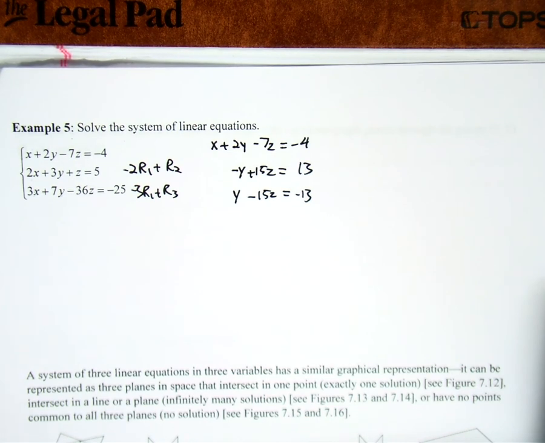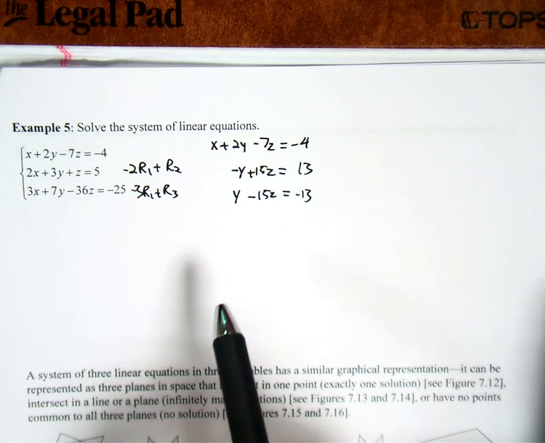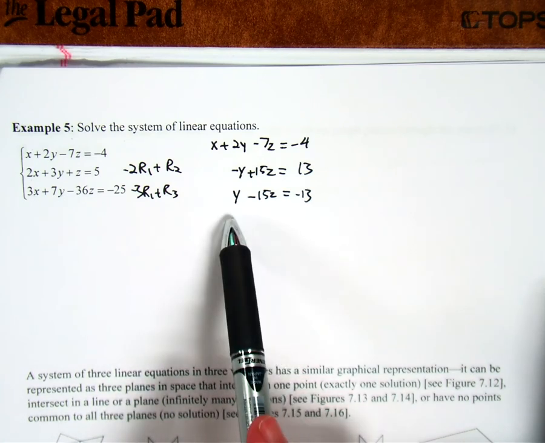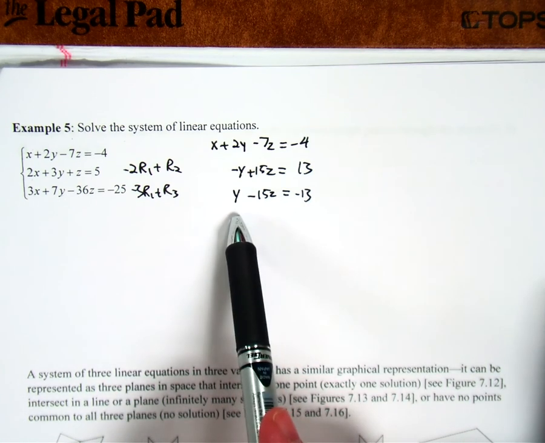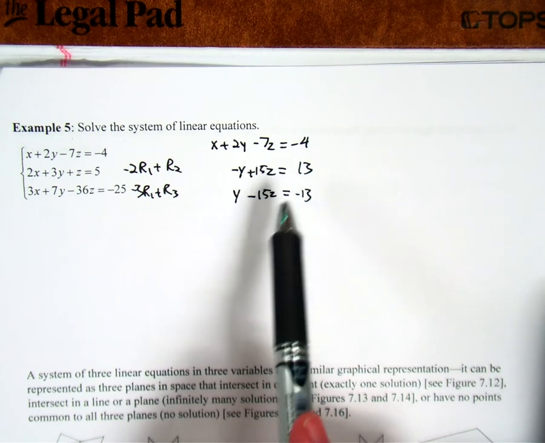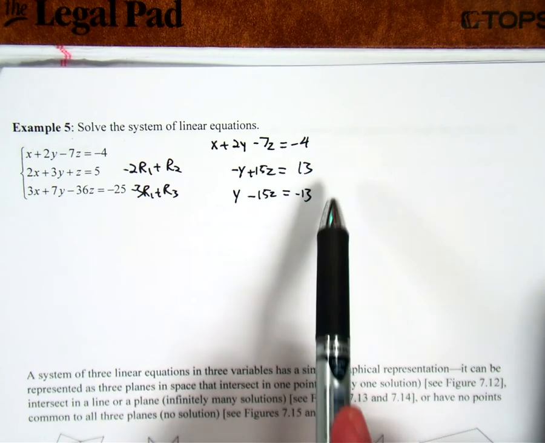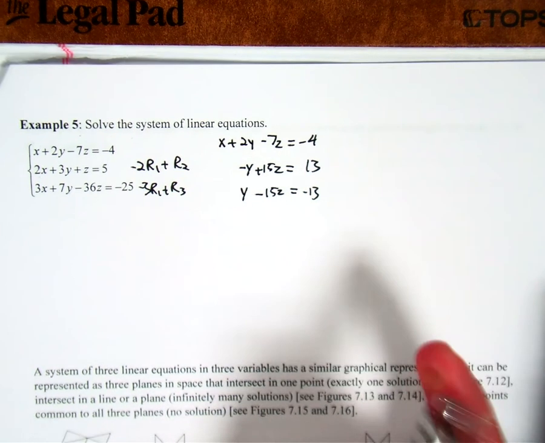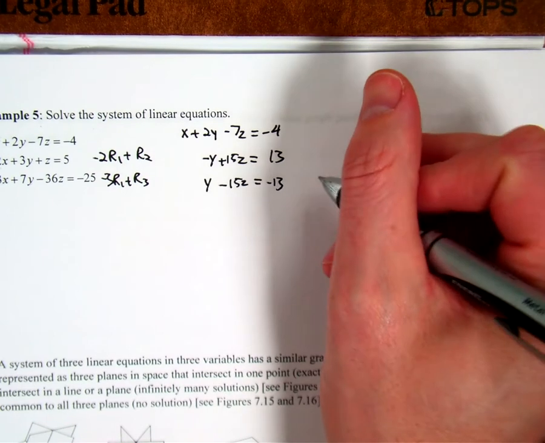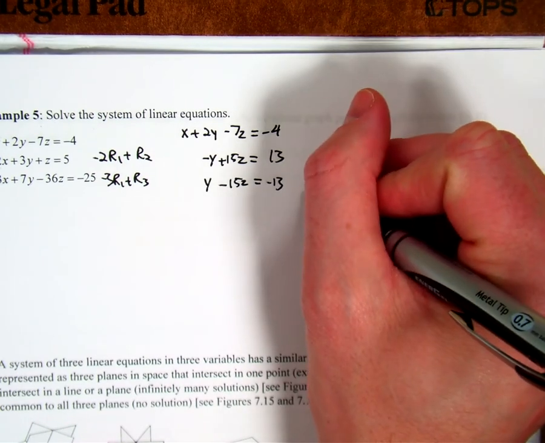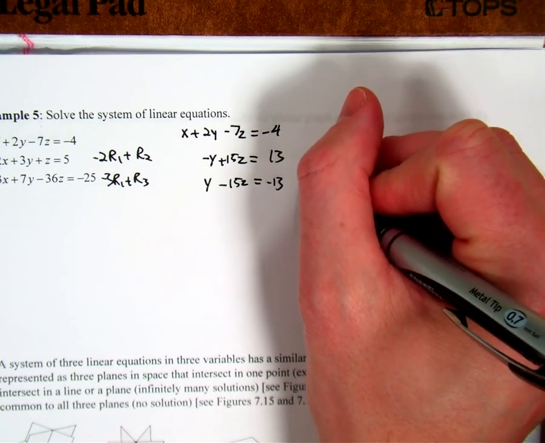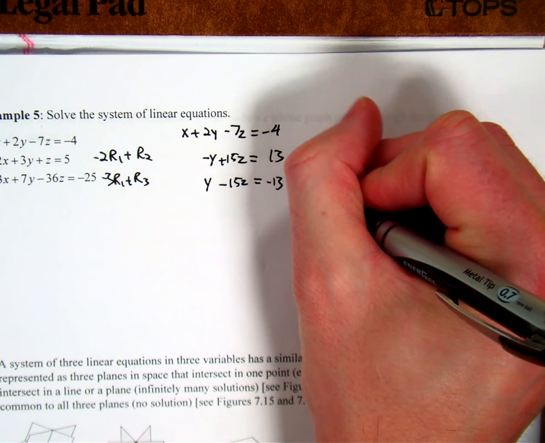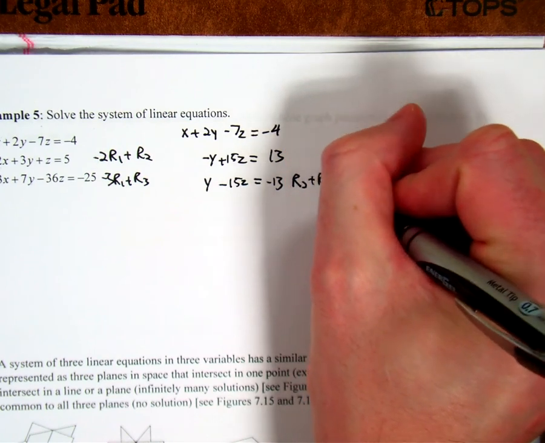Okay. Are you seeing what we have here? -y, positive y. Positive 15z, -15z. Positive 13, -13. What's going to happen when I do row 2 plus row 3?